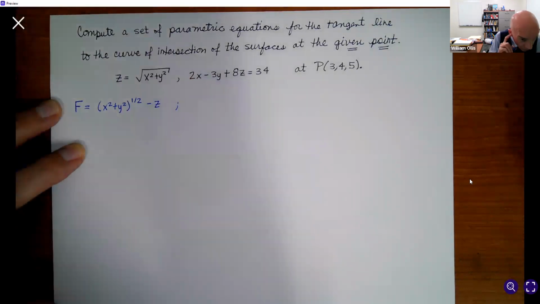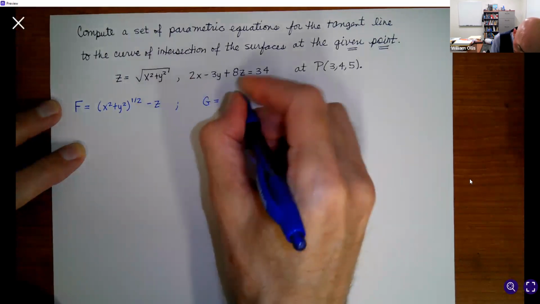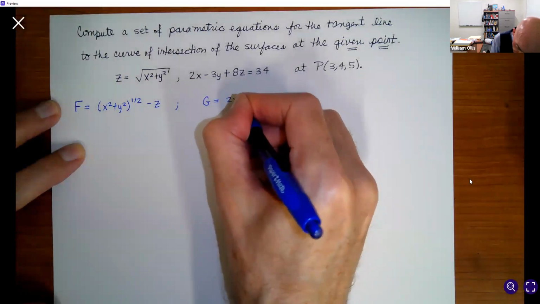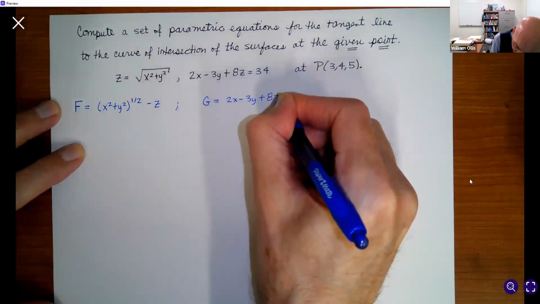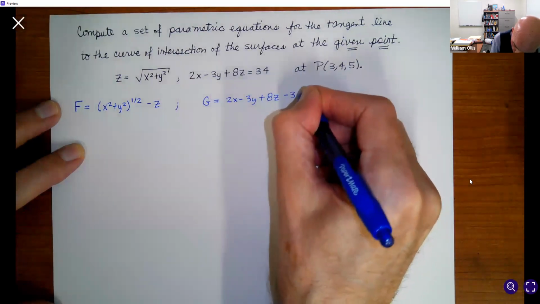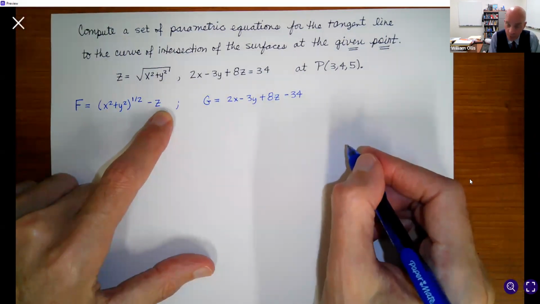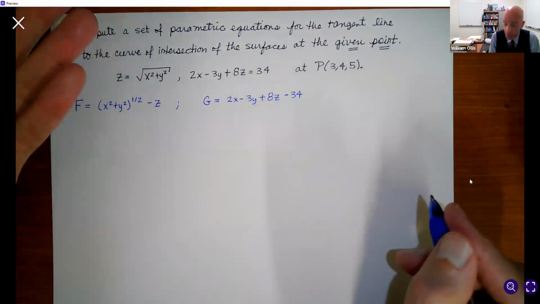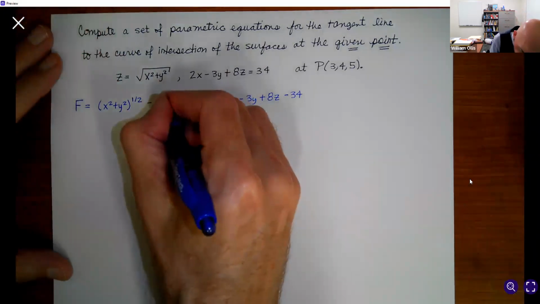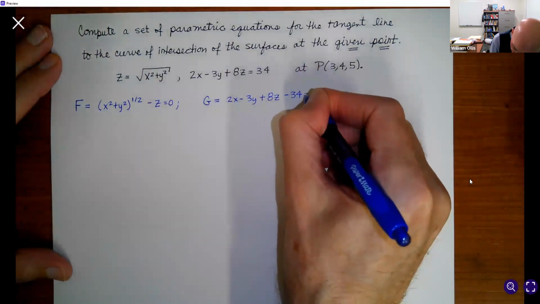And then for the plane, we can use G equals 2x minus 3y plus 8z minus 34. And of course, both of these equal 0, and that gives us an implicit equation. So if you want, you can just go ahead and include this.